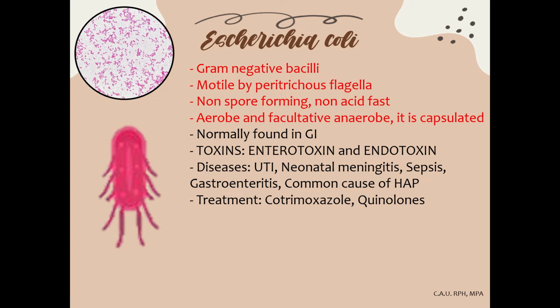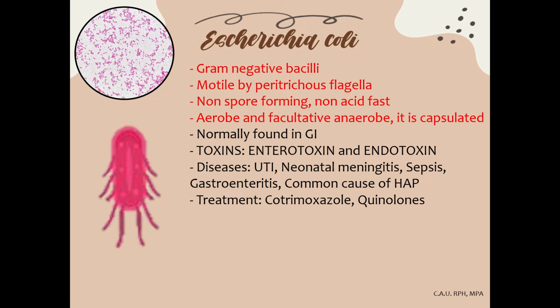The toxins they are producing are enterotoxin and endotoxin. Enterotoxin is a toxin produced in or affecting the intestine. This toxin will be secreted by the microbe, like E. coli, into its environment, specifically once it reaches the intestine.